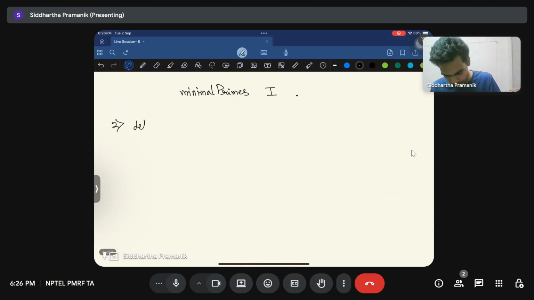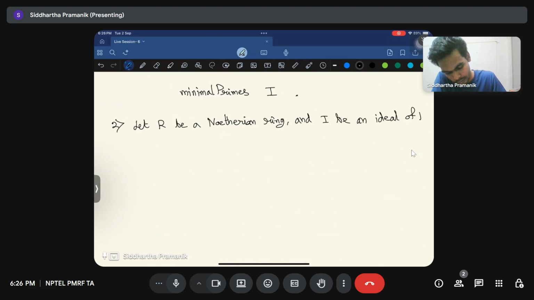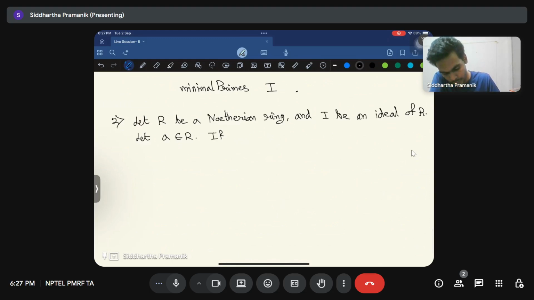Let R be a Noetherian ring and I be an ideal of R. Also let a belong to R. Now if I colon a is the same as I colon a squared, then the following things hold.